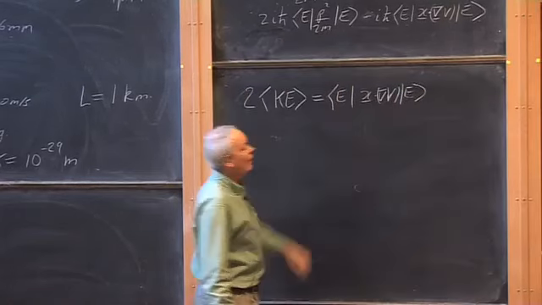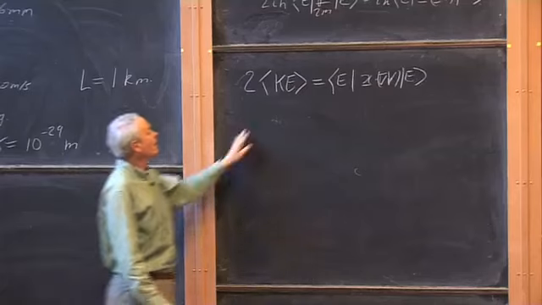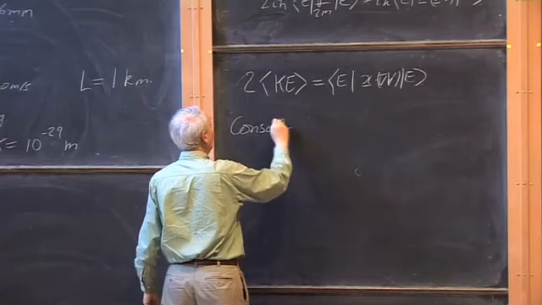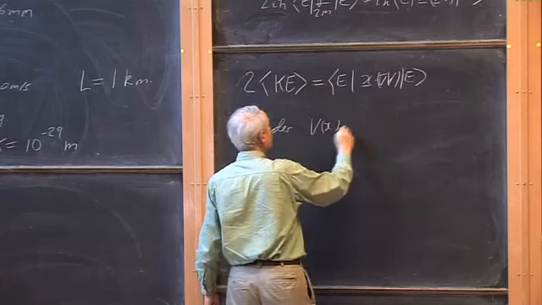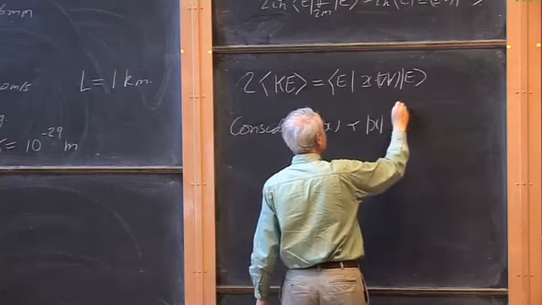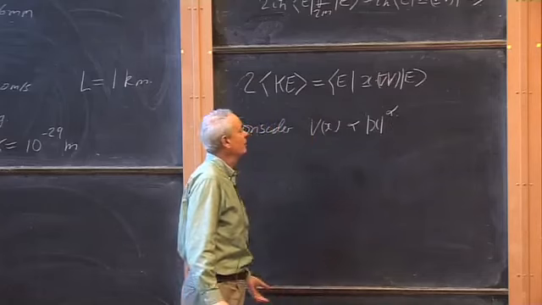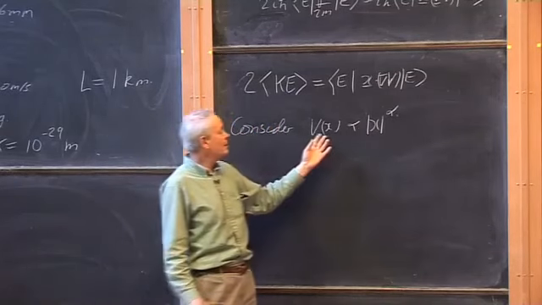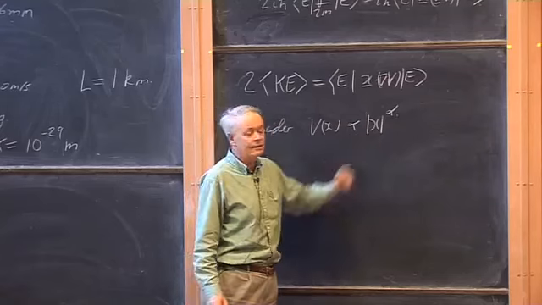That's as far as we can go in general. But consider now, very important cases have that V of x is proportional to mod x to the alpha. So for example, for a simple harmonic oscillator we're about to discuss, the potential energy goes like x squared, alpha's 2.